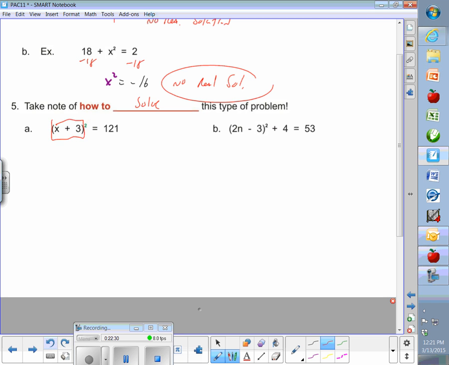The top, guess what? The variable squared is already isolated. We are now ready to take the square root of both sides on this type. What can I not forget? Plus minus. Can somebody tell me what the left-hand side becomes? What is the square root of the quantity x plus 3 squared? Raquel? No, left side.